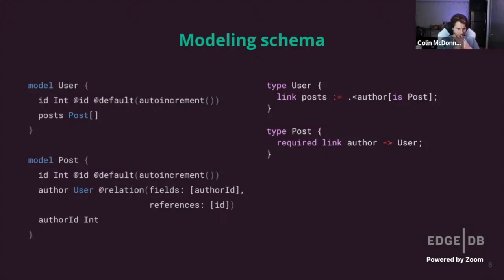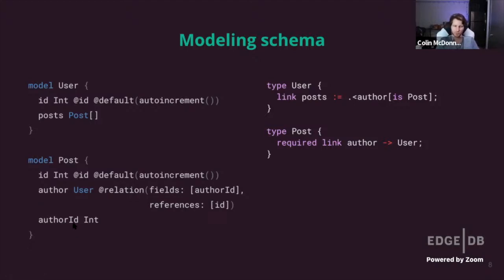Prisma, on the other hand, you specify this posts relation, which is how you fetch the posts of a given user. And then we have this author link, which is how you fetch the author of a given post. To their credit, Prisma is sort of implicitly acknowledging the limitations of the abstraction that they can provide here. And they do that because you still need to specify this author ID field.